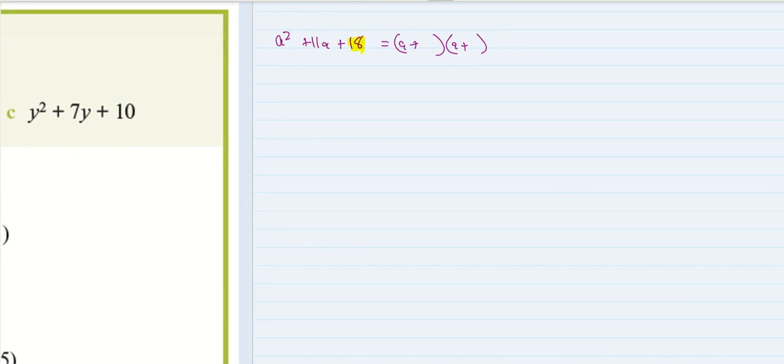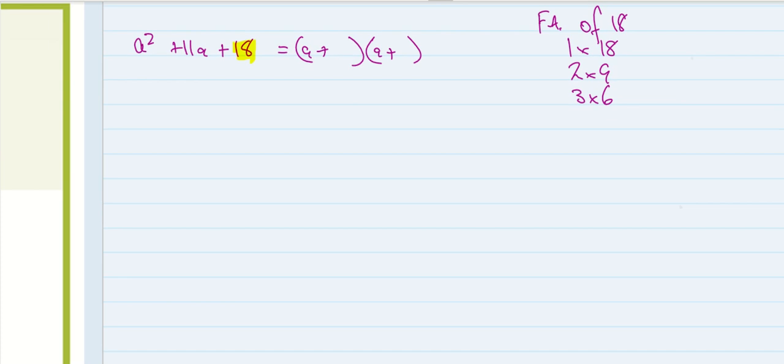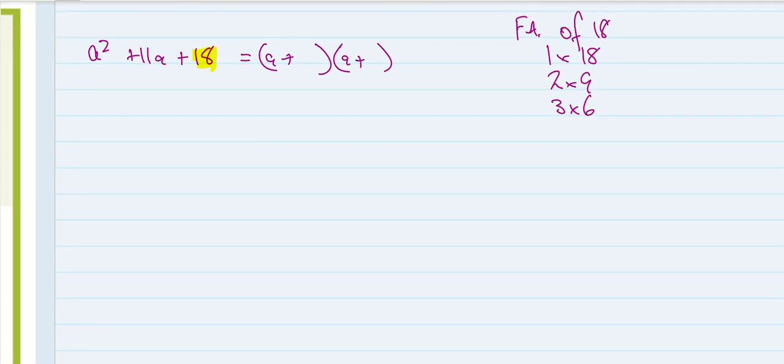And then let's think about the factors of 18. Well, I've got 1 times 18, 2 times 9, and 3 times 6, and then it's the same again. So 2 numbers that multiply to give 18 and add to give 11.